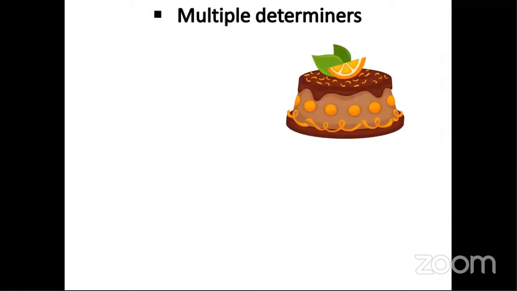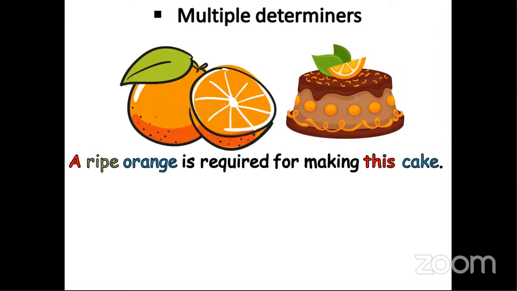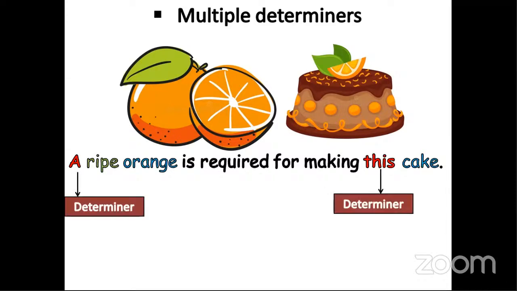Now let us read this sentence. A ripe orange is required for making this cake. Let us identify the determiners in this sentence. So this sentence has a and this as the determiners. A is specifying the noun orange and this is specifying the noun cake.